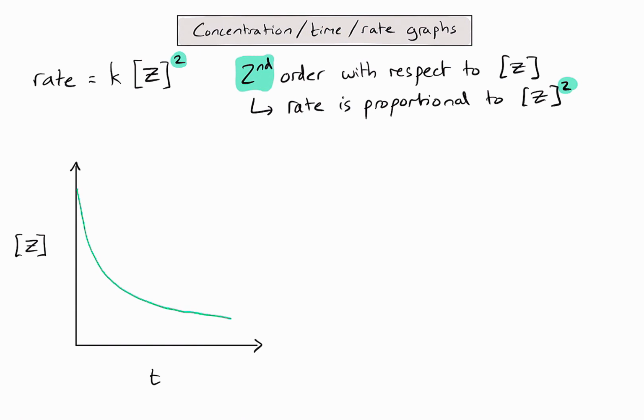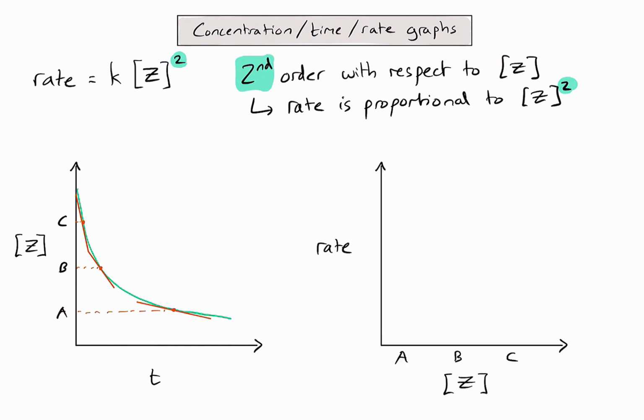Let's double check that the rate is slowing down rapidly by considering points A, B and C again. And let's now consider what a concentration versus rate graph might look like for this second order reactant. Well, because I know that the order of reaction with respect to Z is 2 in this case, every time I increase the concentration of Z, my rate is going to go up by a disproportionate amount.